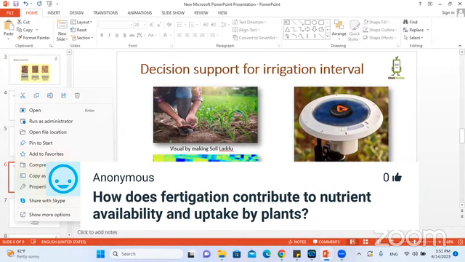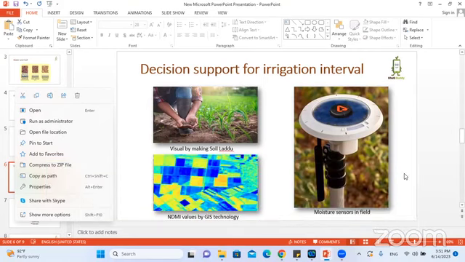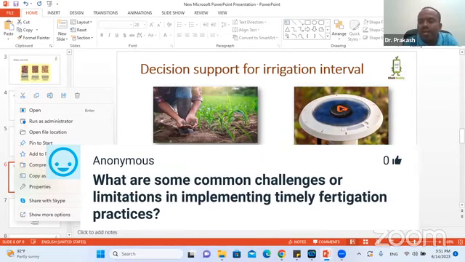And what are some common challenges or limitations in implementing timely fertigation practices? Major challenges are that agriculture depends on many environmental factors. If there is heavy rainfall, we cannot maintain proper irrigation scheduling.